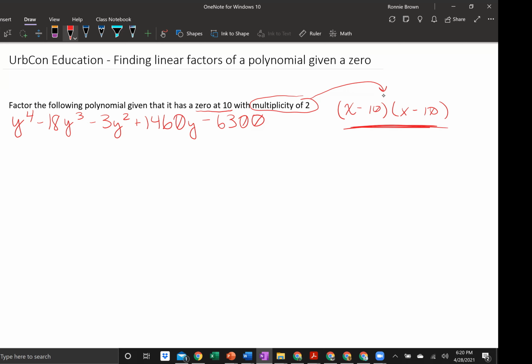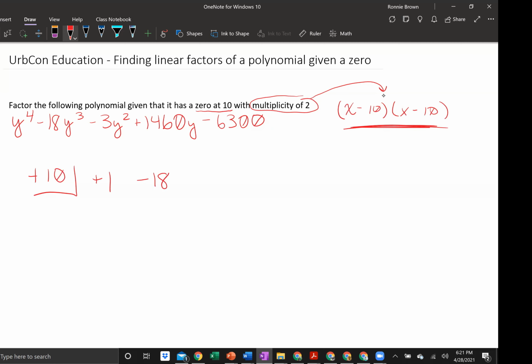We're going to use our tool of synthetic division, and we're going to take that 10 and divide it. We're actually dividing x minus 10 into this polynomial. So the coefficient in front of the y to the 4th is a positive 1. In front of y to the 3rd is a negative 18.